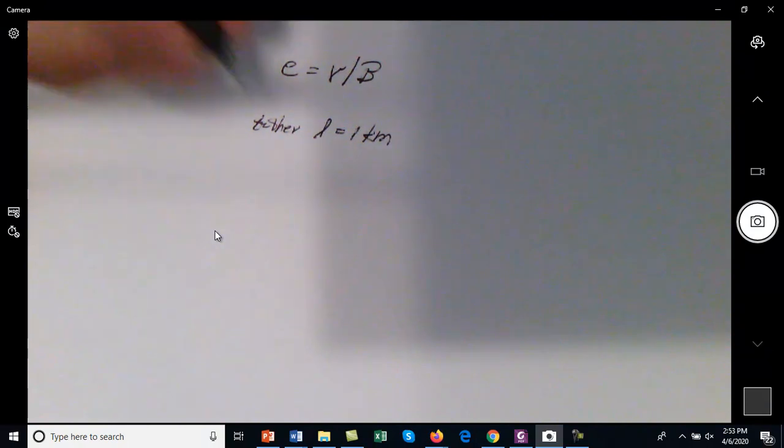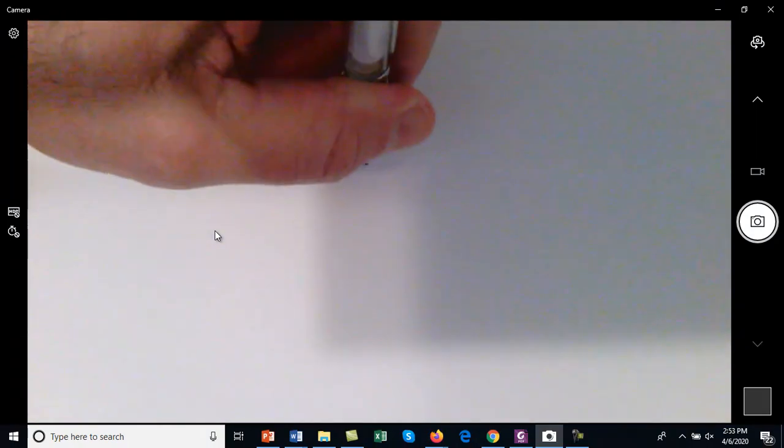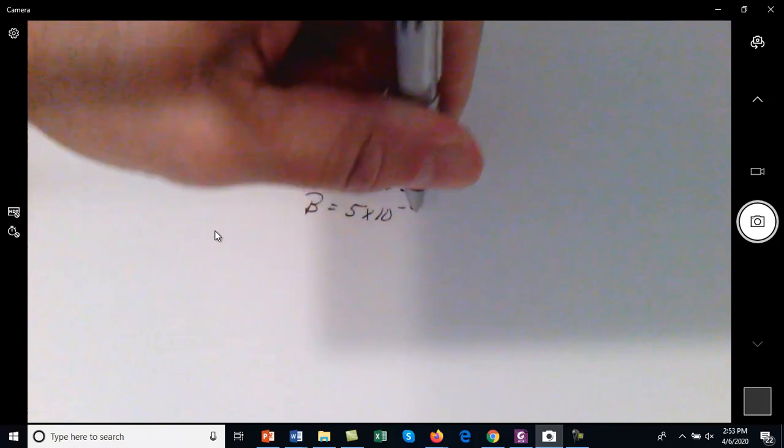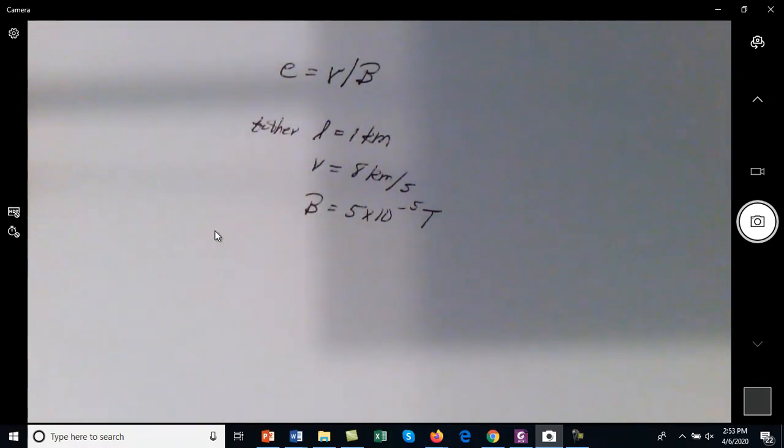Okay, we have a tether of length 1 kilometer. It is moving at a velocity of 8 kilometers per second. In our magnetic field, this is just the magnetic field of the Earth. We can get this directly from the textbook, in Tesla. Once you have that, you can plug in numbers.